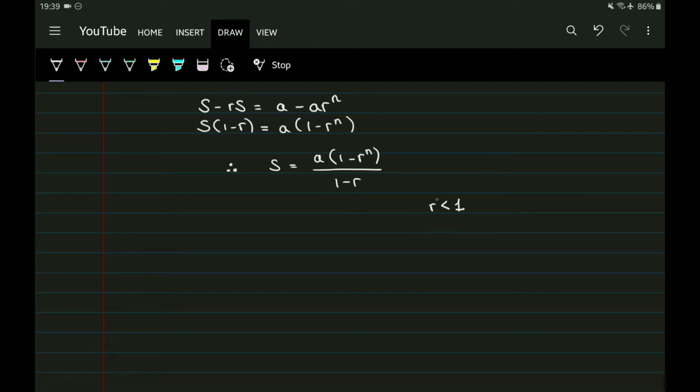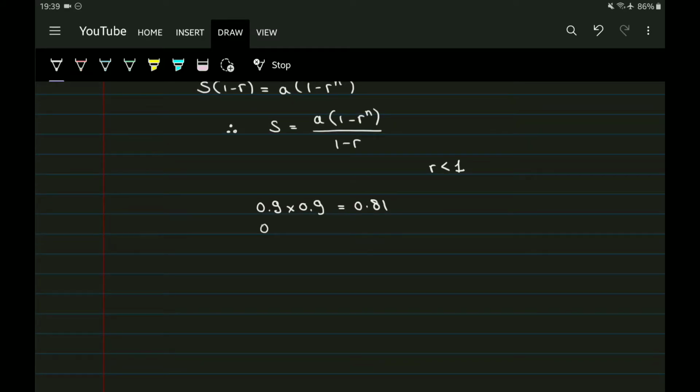But at r smaller than 1, something interesting happens, because if you know the property, say for example, we have 0.9 times 0.9. These are both numbers smaller than 1, and if you multiply them together, you get 0.81, right? Same thing happens here.